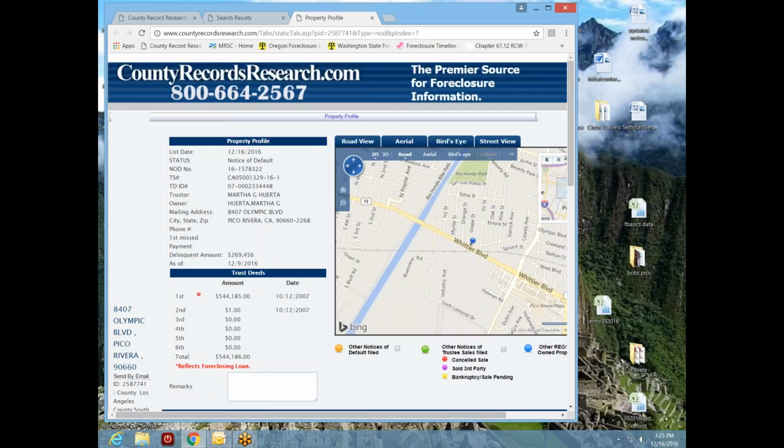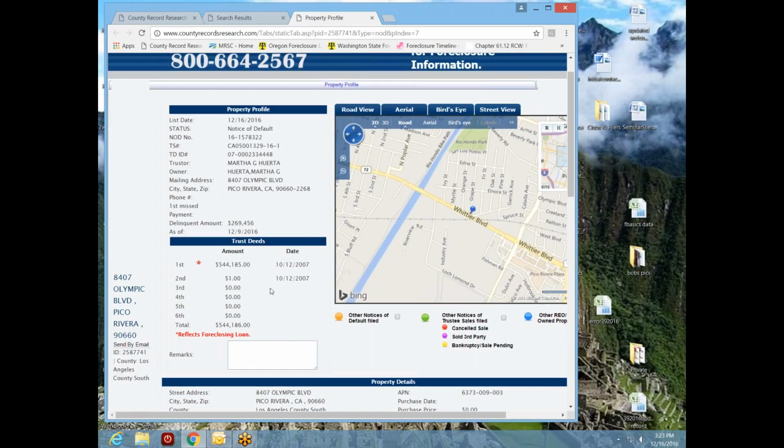Now, what this one is, this is a reverse mortgage. The property belongs to Martha Huerta. Martha's the trustor. She's the person that took out this loan. Okay. Now, Martha is also on title as the owner. Now, here's the challenge. Martha is either not well or she's passed on. This is a reverse mortgage.